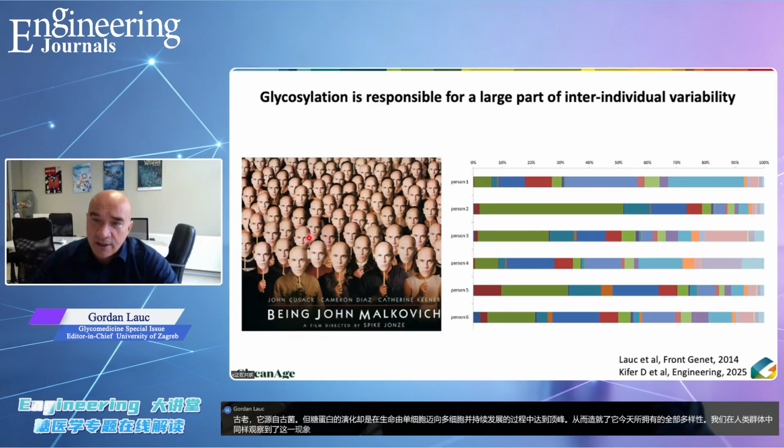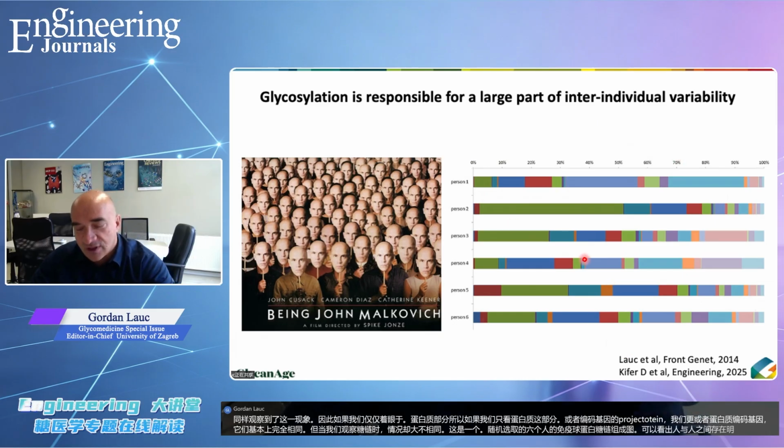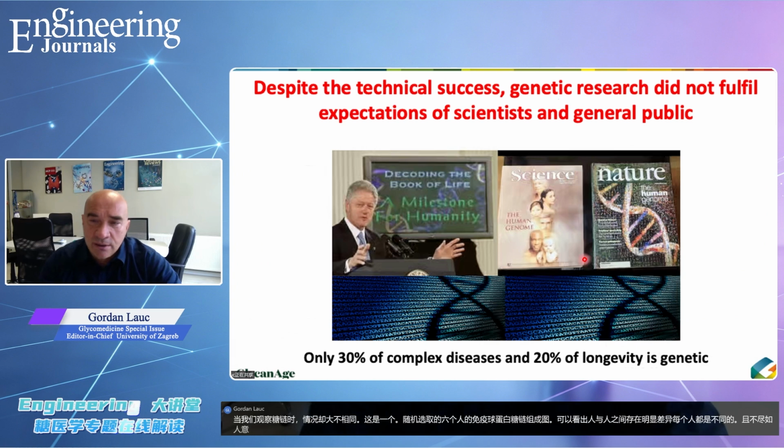If we look only at the protein part or the protein coding genes, we are more or less all the same. If we look at glycans, we are very different. This is the IgG glycome composition of 6 random individuals. Clearly, people are different. Unfortunately, the big majority of scientists were focusing on genes for the last 5 decades.